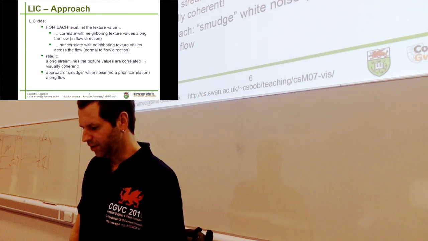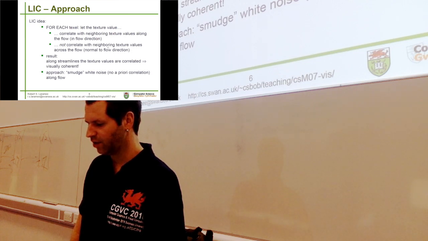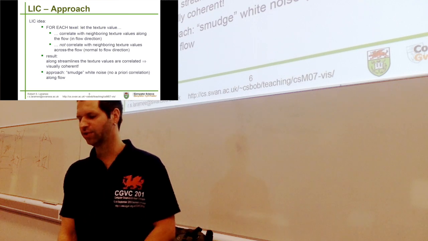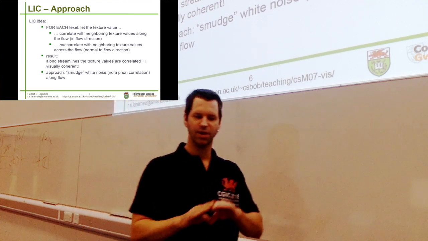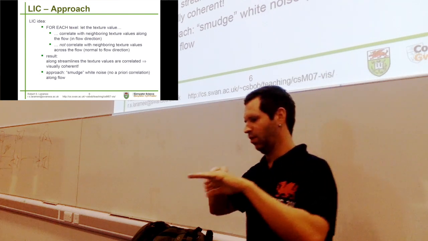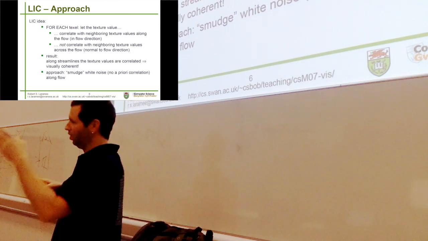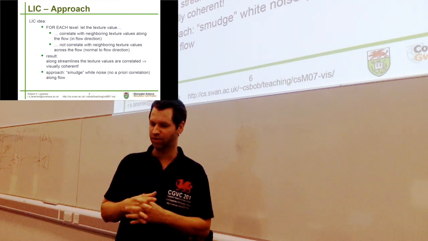Correlate for each texel the neighboring texture values along the flow, in the flow direction, and do not correlate the texel values with neighboring texture values orthogonal to the flow. In other words, make sure they're not correlated orthogonal to the flow, only in the tangent direction, along the flow, not across the flow.